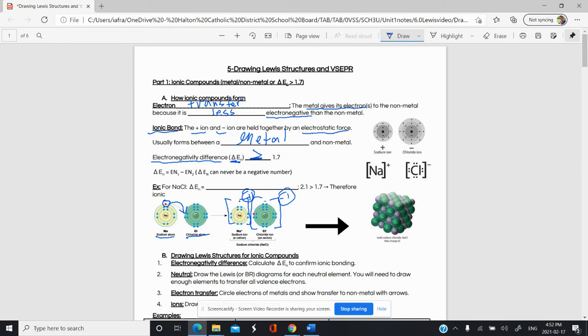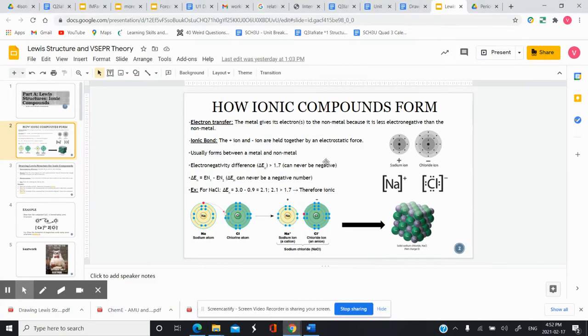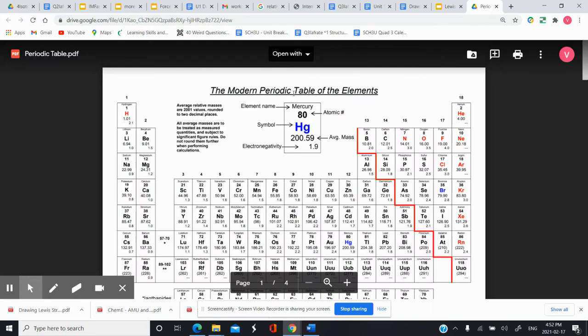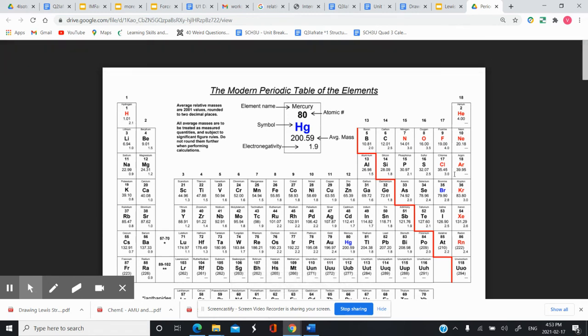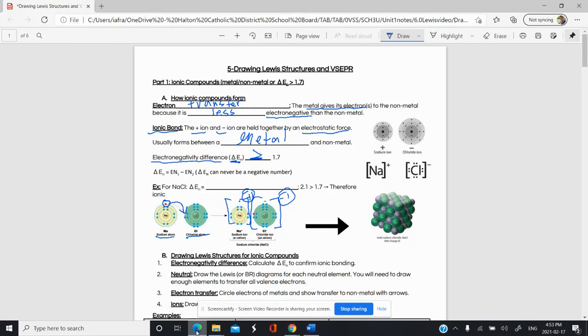So let's just do an example. Let's make sure that NaCl actually is ionic. What we do is we go find the electronegativity values in the periodic table for sodium and chlorine. So here's our periodic table. Sodium's value is 0.9 and chlorine's value is 3.0. We're going to do the bigger one minus the smaller one because the electronegativity difference can never be less than 0, can never be negative.